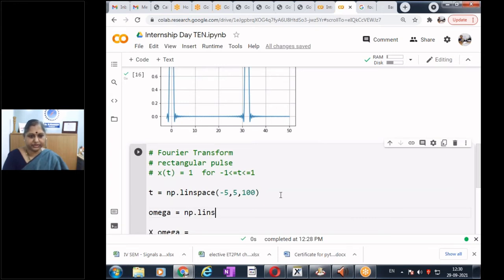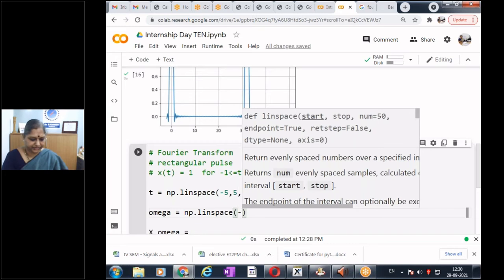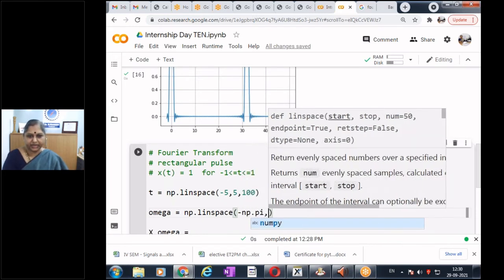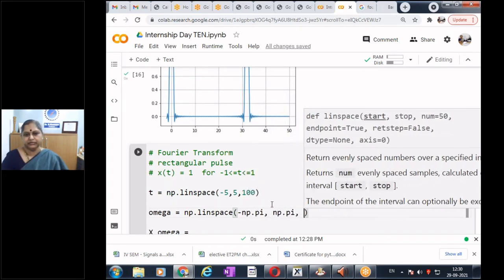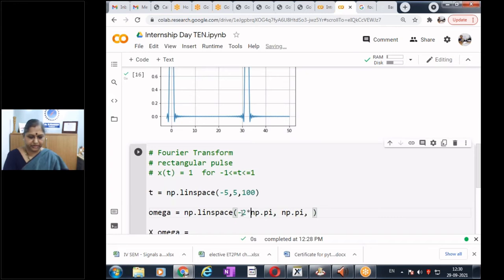Omega is np dot linspace, say minus pi to np dot pi, or let us say minus 2 pi to 2 pi, and let me have some 50 values.